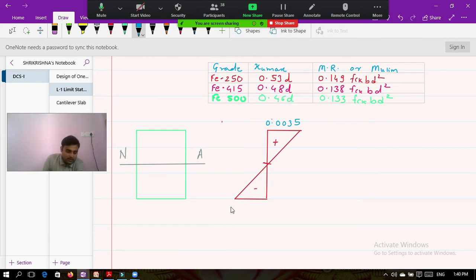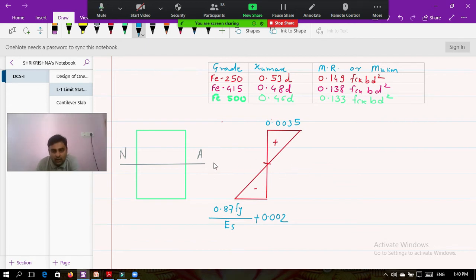And the tensile strain can be calculated as 0.87 Fy divided by ES plus 0.002. All these details are given in the IS code. So this is your strain distribution diagram.